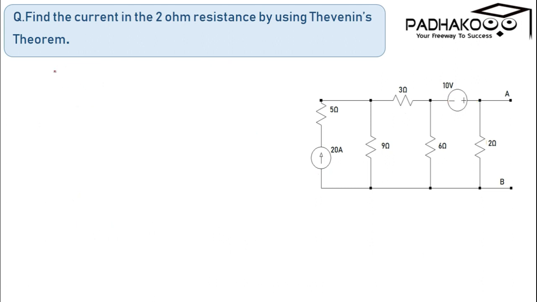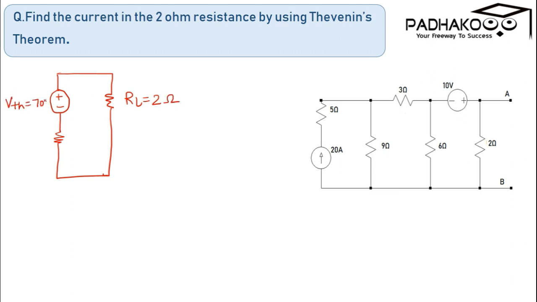Now, to calculate the value, we have to draw a particular circuit consisting of one equivalent voltage source, one equivalent resistance, and one load resistance RL. Here the value of RL is 2 ohm. The value of VTH is equal to 70 volts and the value of RTH is equal to 4 ohm.